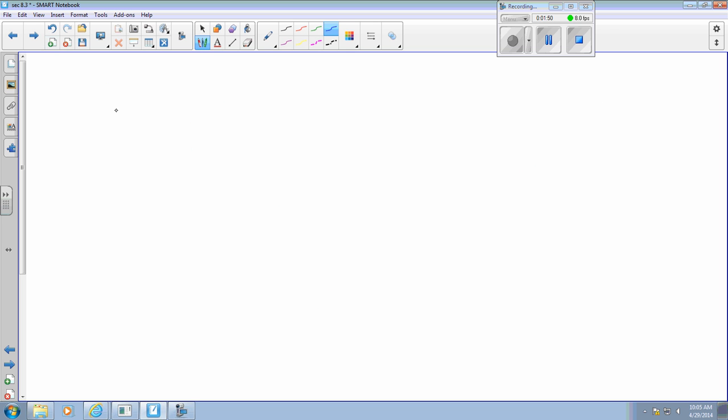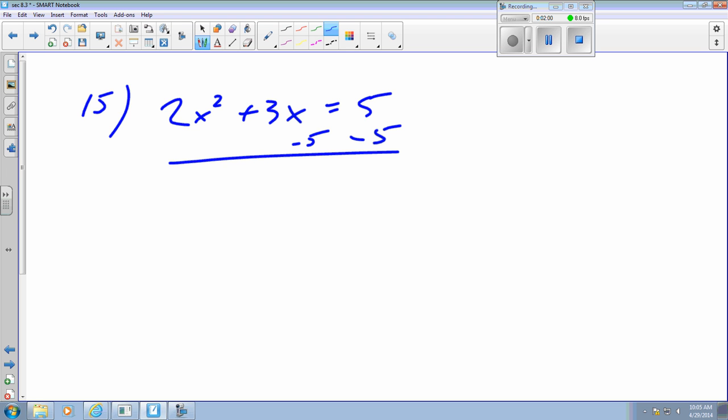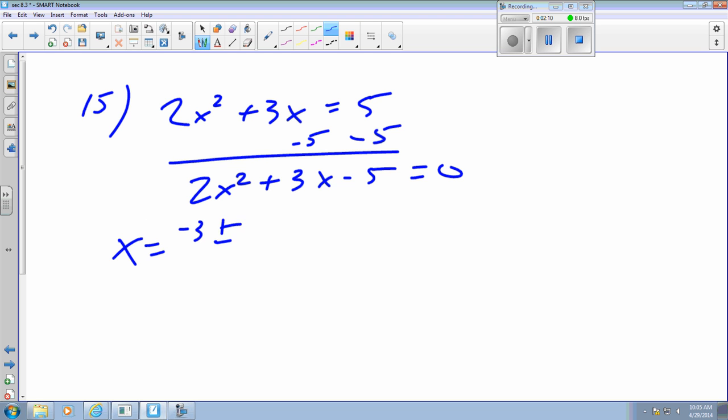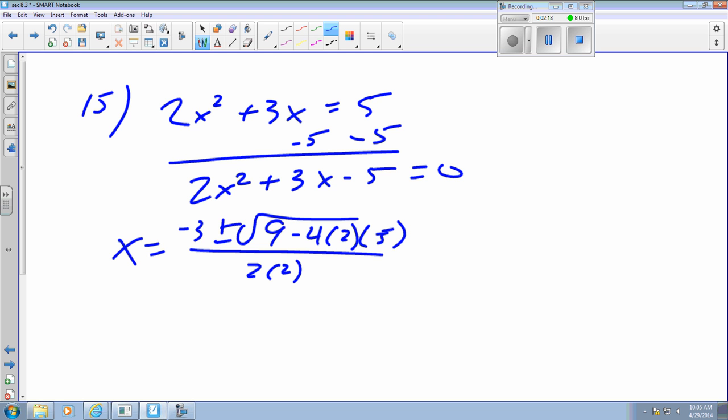Let's move on to question 15. It says 2x squared plus 3x equals 5. Let's subtract 5 from both sides. I get 2x squared plus 3x minus 5. And we're going to put it into the quadratic formula, so I get x equals negative 3 plus or minus the square root. 3 squared is 9 minus 4 times 2 times negative 5, all over 2 times 2.